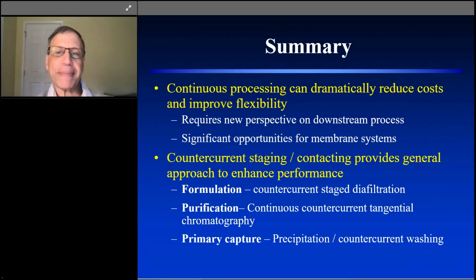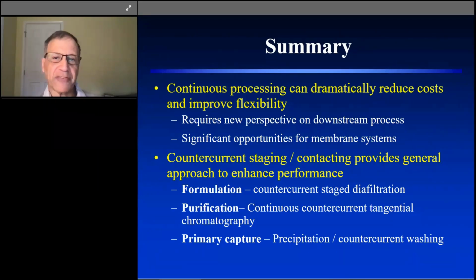Well, let me wrap up here. I hope I've been able to show you how one can rethink the development of processes for continuous purification of monoclonal antibodies as well as other biopharmaceutical products.